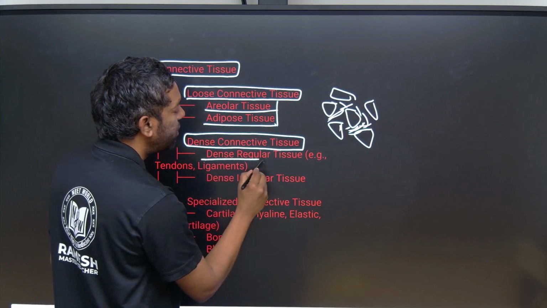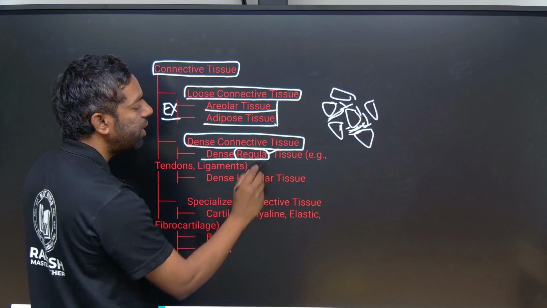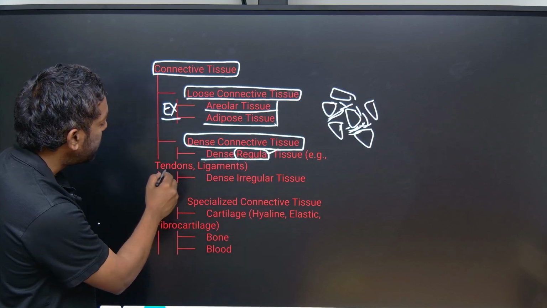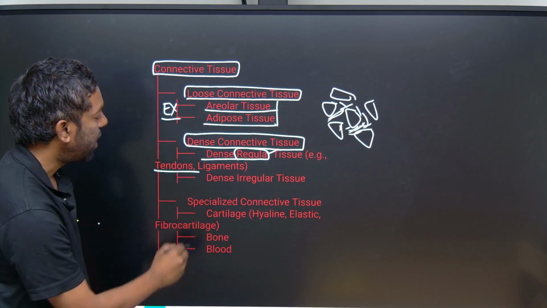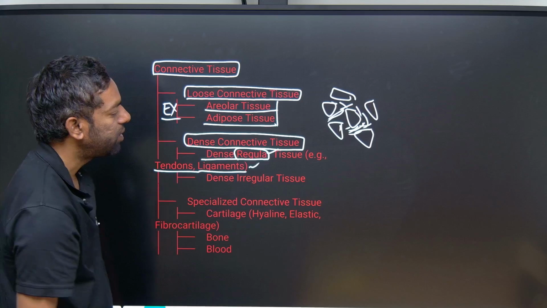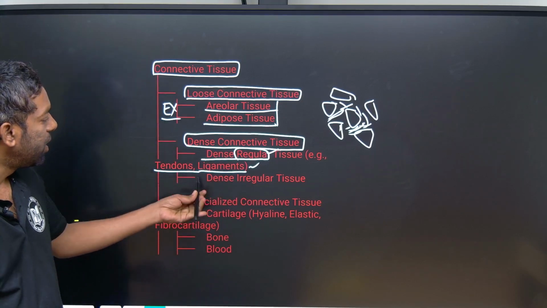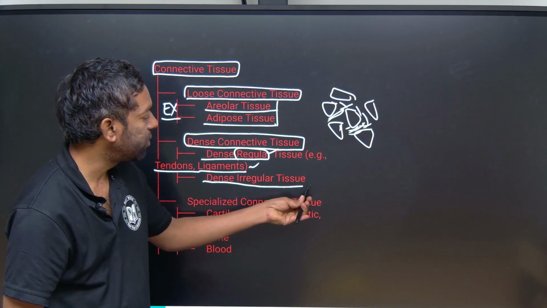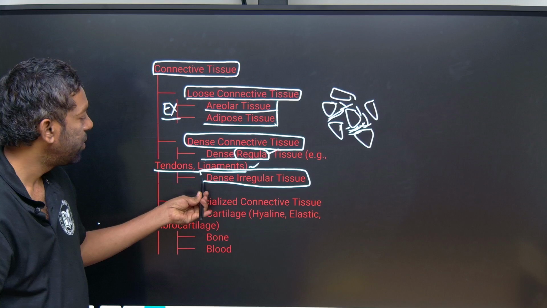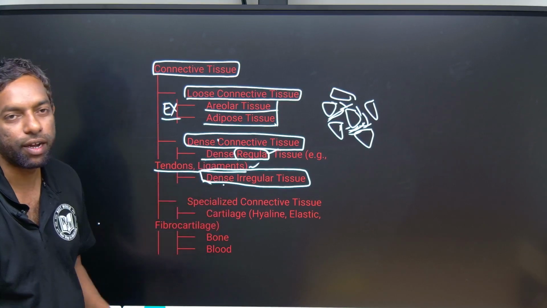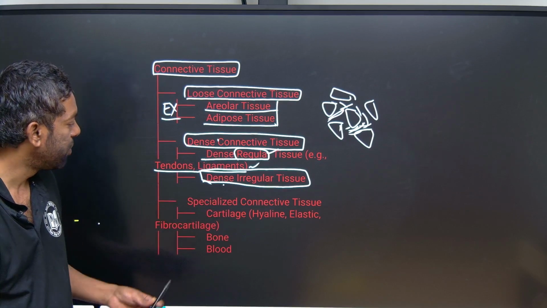Dense regular connective tissue has examples tendon and ligament. Dense irregular connective tissue is also there. Dense regular and dense irregular, we are going to discuss later on.